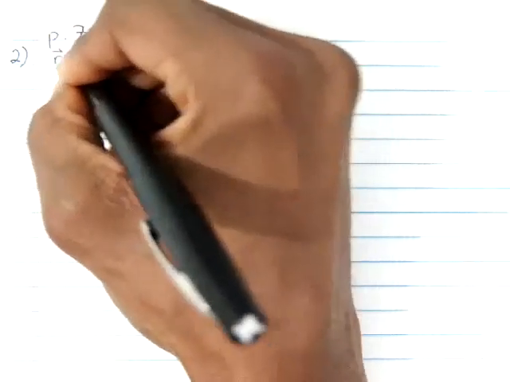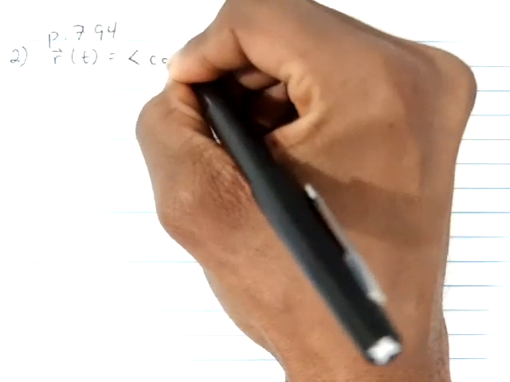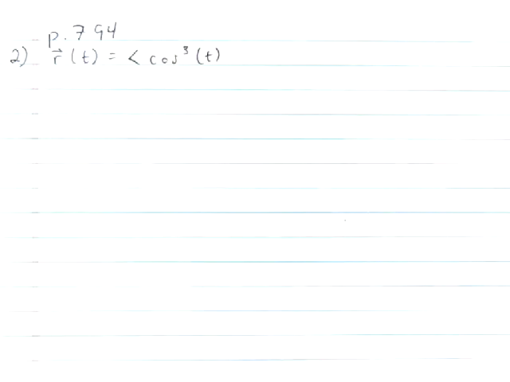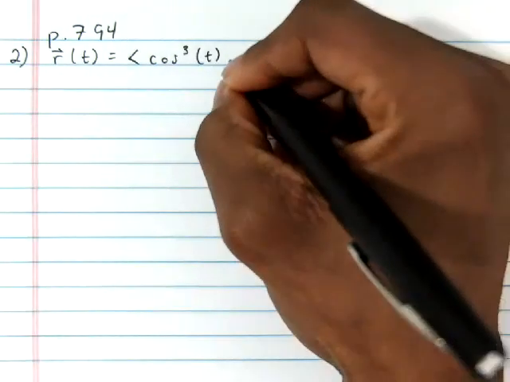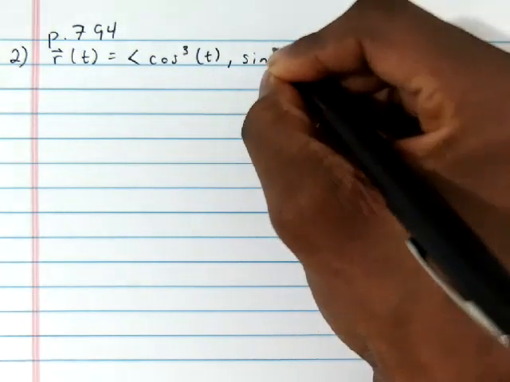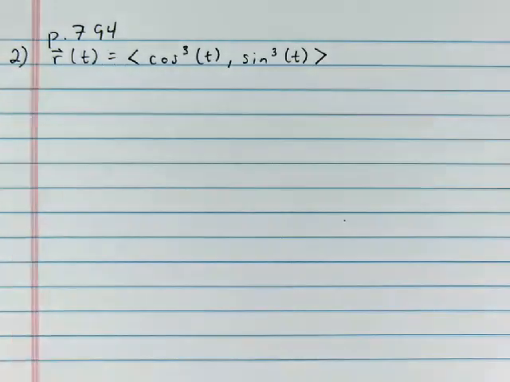So 2, they give us that R of t equals cosine cubed of t and sine cubed of t. And they tell us for t between pi over 6 and pi over 3.